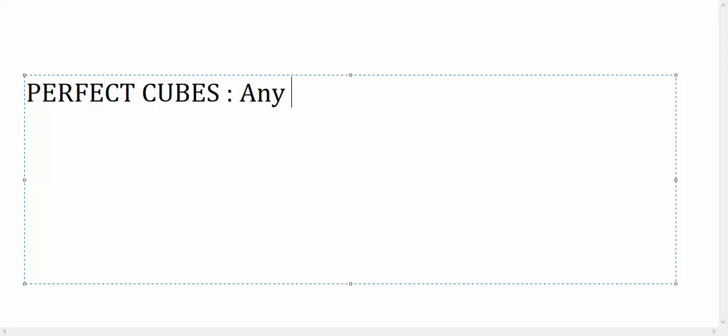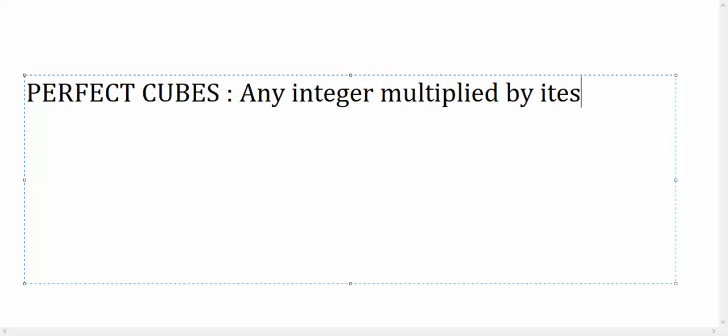All right, the next thing, of course, is perfect cubes. I'm not going to spend too much time here, but perfect cubes are any integer multiplied by itself 3 times.